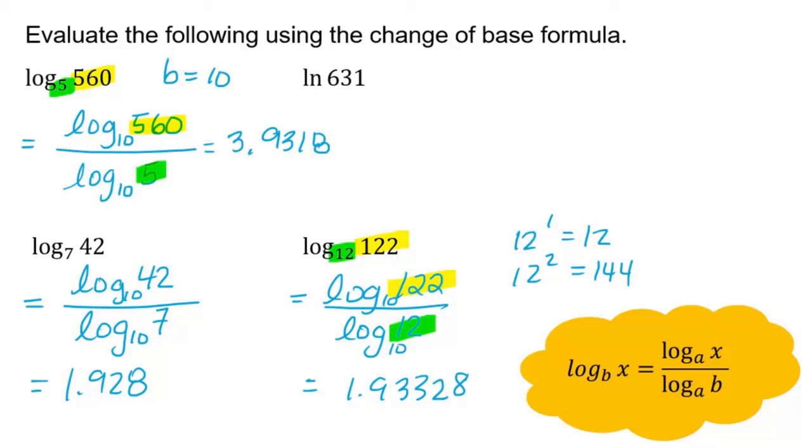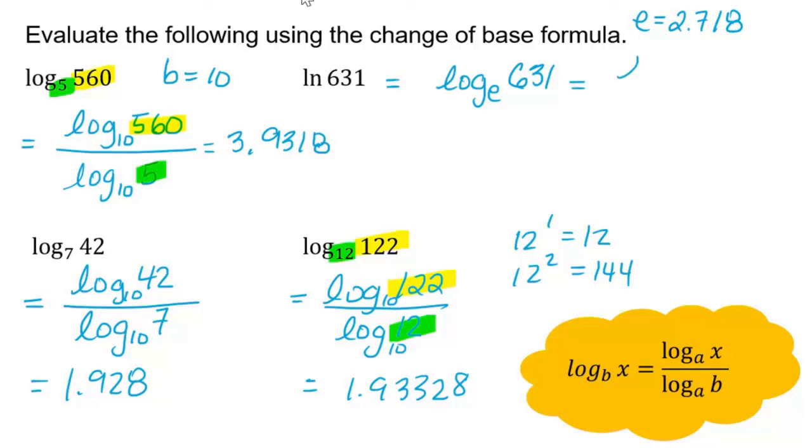And finally, we don't need to use the change of base formula to calculate the ln of 631 in most cases. But if your calculator doesn't have ln, you will have to change its base. Again, you might find it useful, especially as you're getting started, to write ln as log base e. So what we're really being asked for is the logarithm of 631 to the base e. Remember that e is just a number, and it's approximately 2.718.